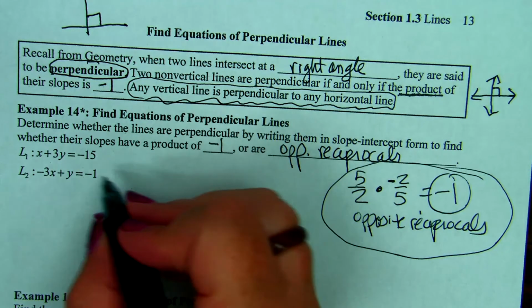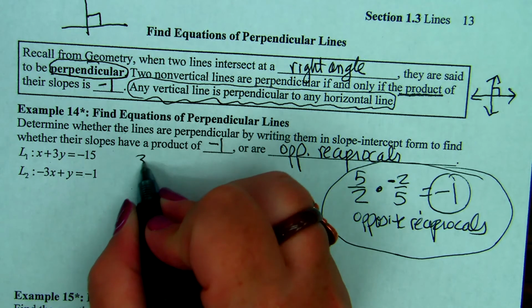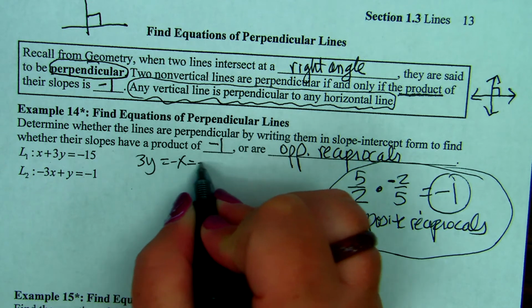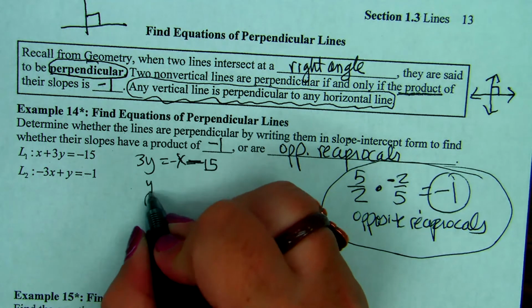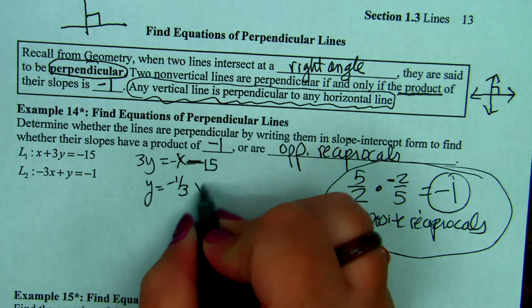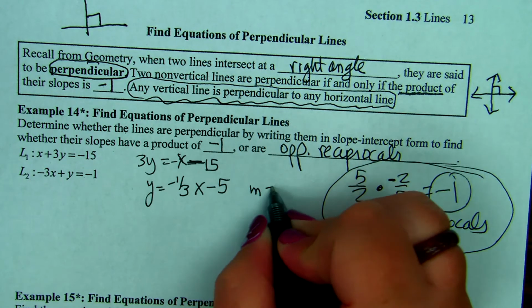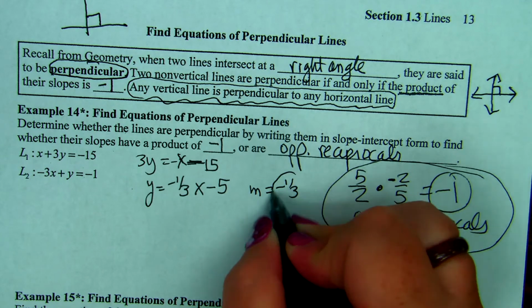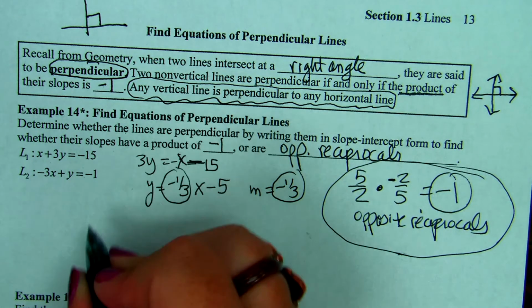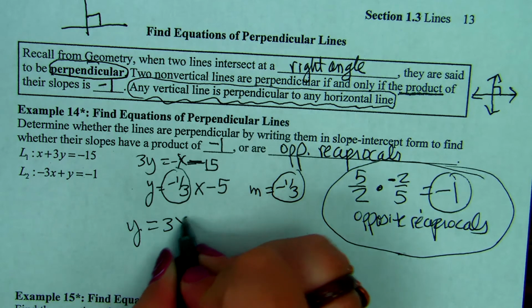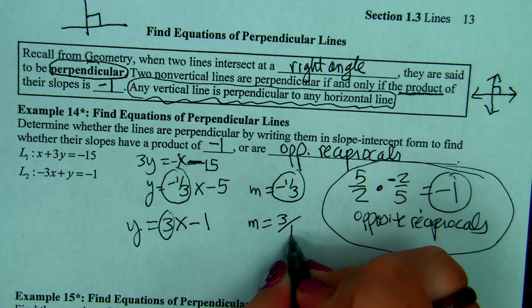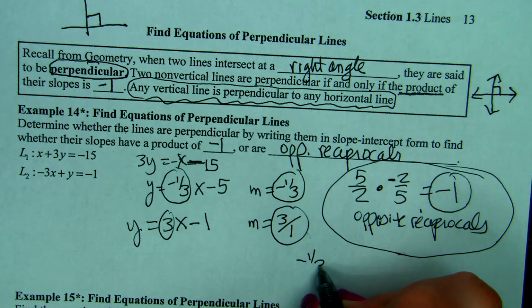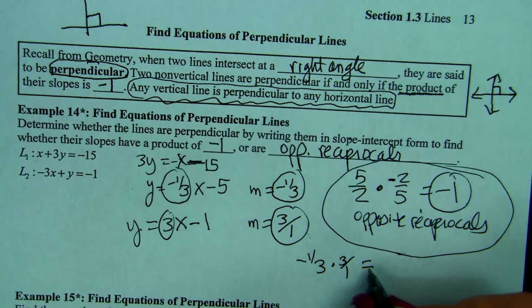So here, we're going to move the x to the other side by subtracting x. Divide by 3. And the slope is negative 1/3. And then the other line, add 3x, and the slope is 3, or 3/1. So if you take negative 1/3 times 3/1, what do you get?